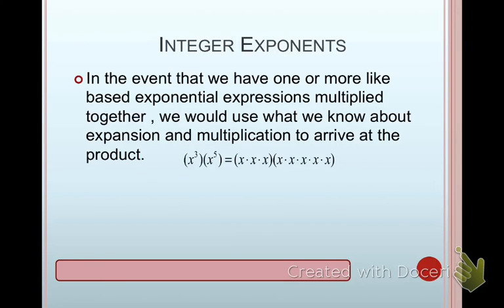Now, in the event that we have one or more like-based exponential expressions being multiplied together, like x cubed times x to the fifth, we can expand that out into multiplication. So x cubed, which is x times x times x, and x to the fifth, which is x times x times x times x times x, we can expand out.